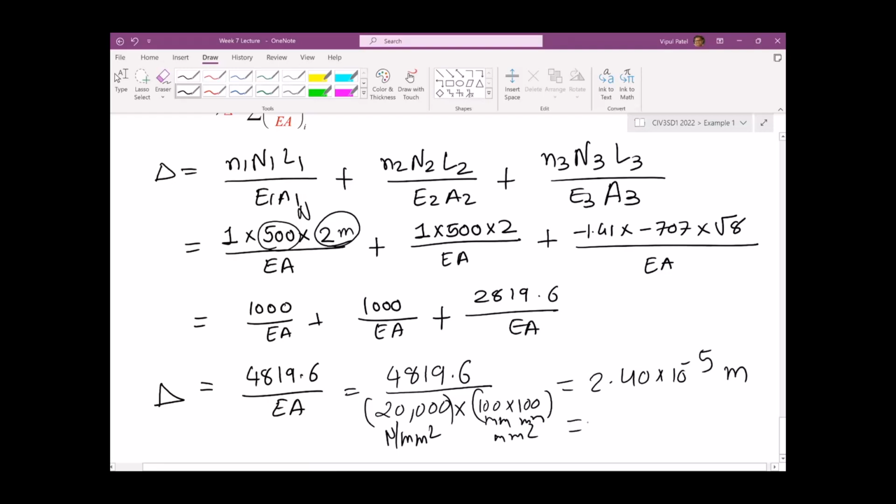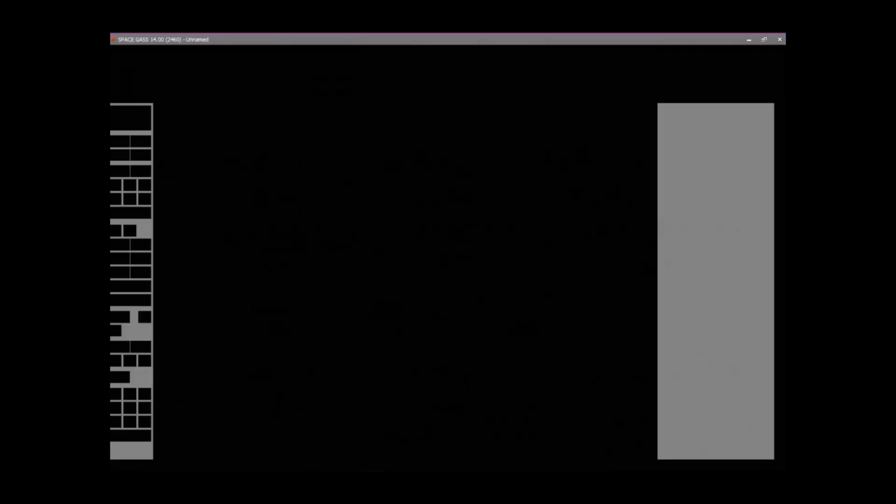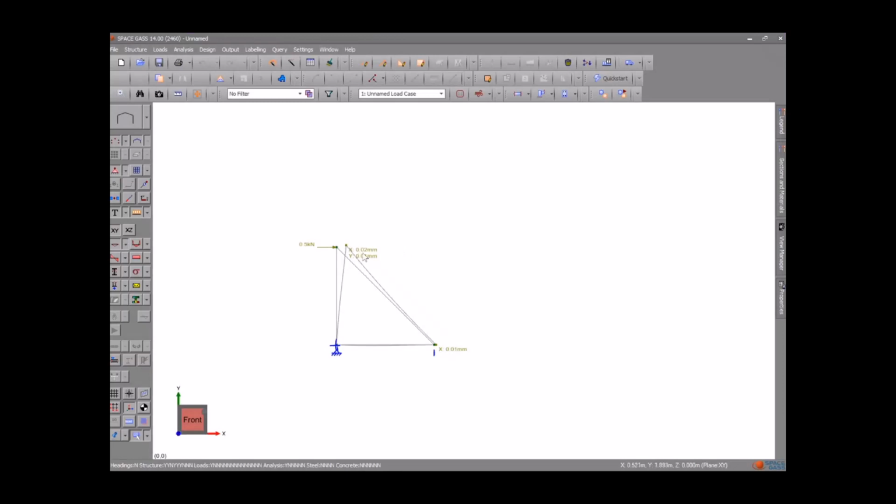So we want it in millimeters: times 1000, and you get 0.024 millimeters, which matches our solution, 0.02.